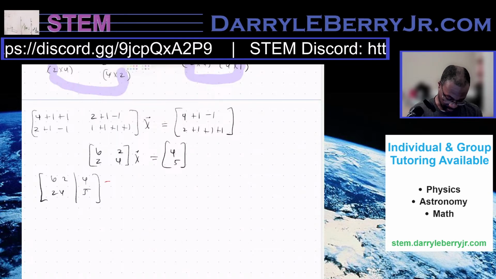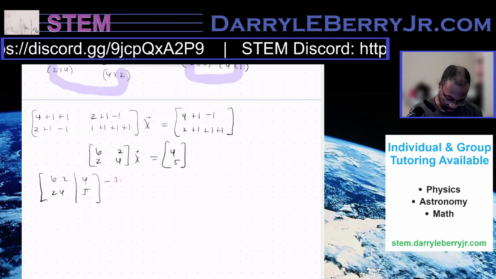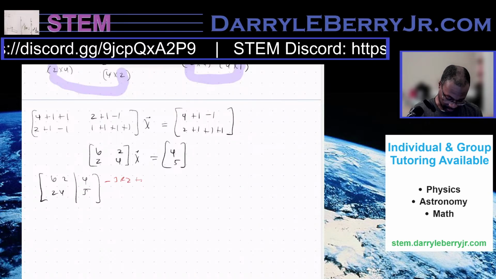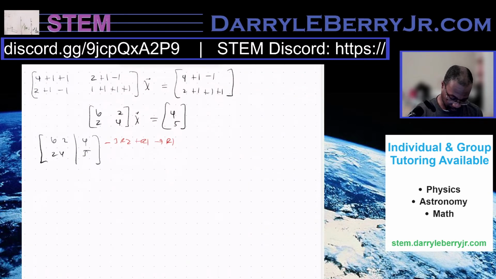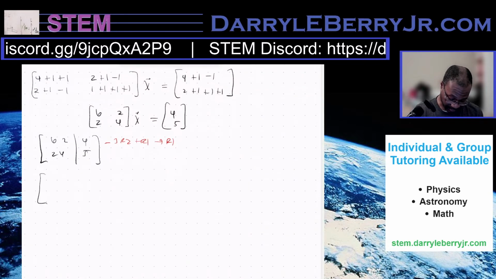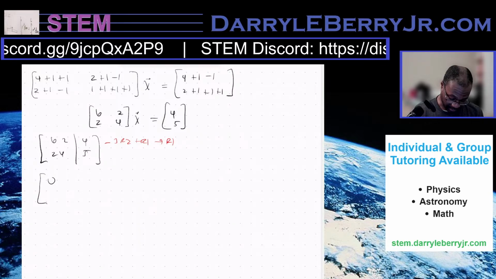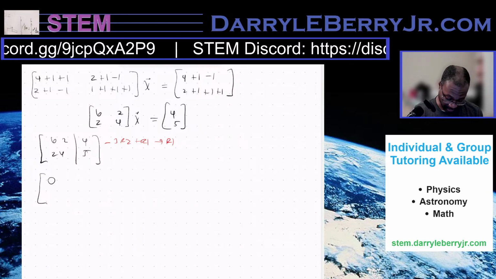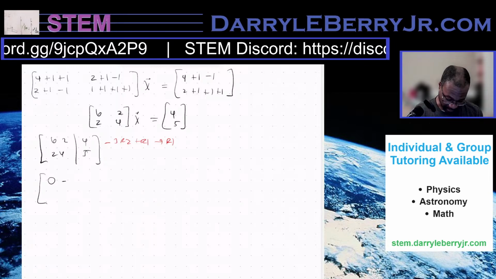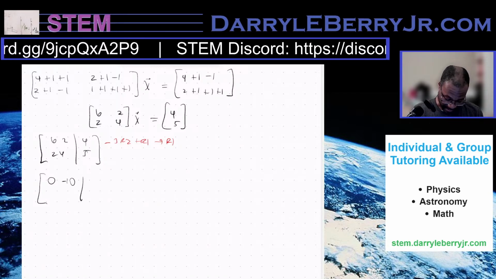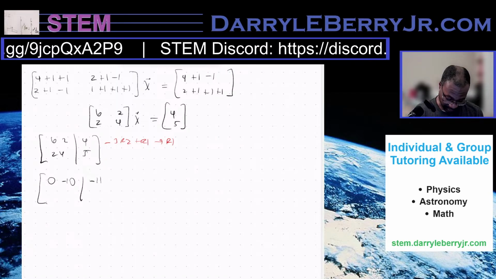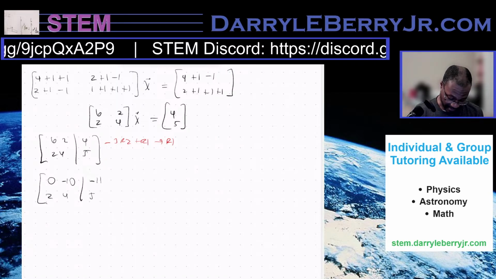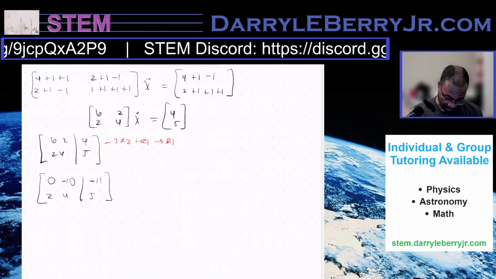I would just say minus 3 row 2 plus row 1 is row 1. So we'll say minus 3. So 0, minus 3, negative 12, negative 10, and minus 3, negative 15, negative 11, 2, 4, 5.